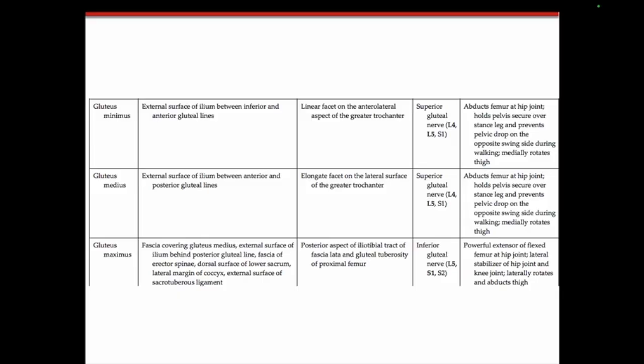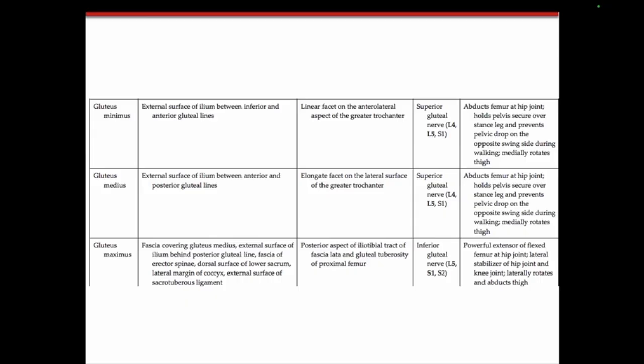There are different ways of exploring this, but this is also a muscle that people may attempt to work out for different reasons. It's relatively superficial, so you can use it to feel the actions of the maximus.